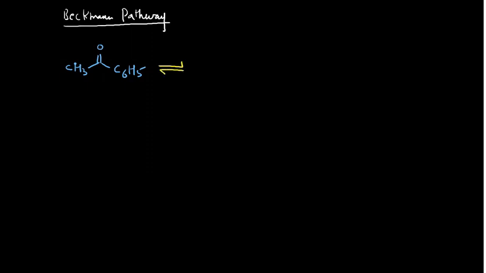You are using non-aqueous acid, so definitely this H positive is coming from the acid, and the electron pair which was present on the oxygen will grab that hydrogen, and you will have this product: CH3, C6H5, double bond O, H, and of course a positive charge over there.